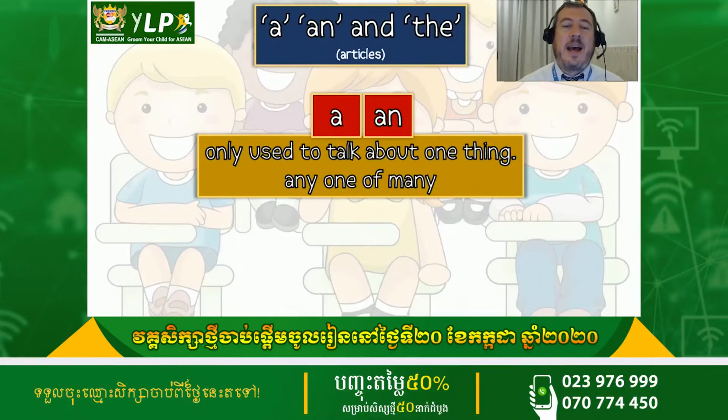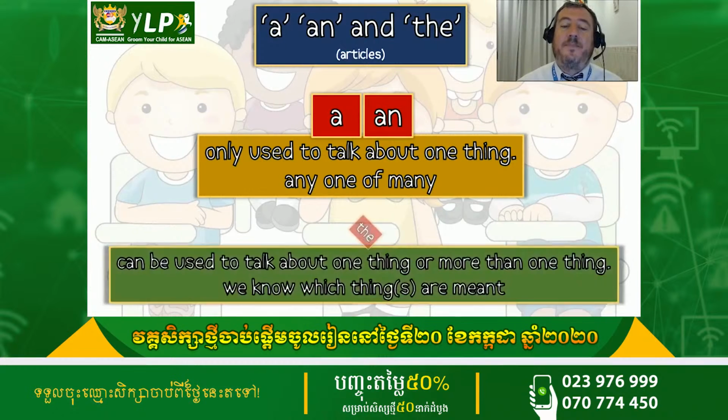Okay, so we have a and an. One important thing to remember about a and an is that they are only used to talk about one thing. And the meaning of what it means is any one of many. We'll look at an example in a minute. And with the word the, we can use the word the to talk about either one thing or more than one thing. So with a or an, you can only use it to talk about one thing.